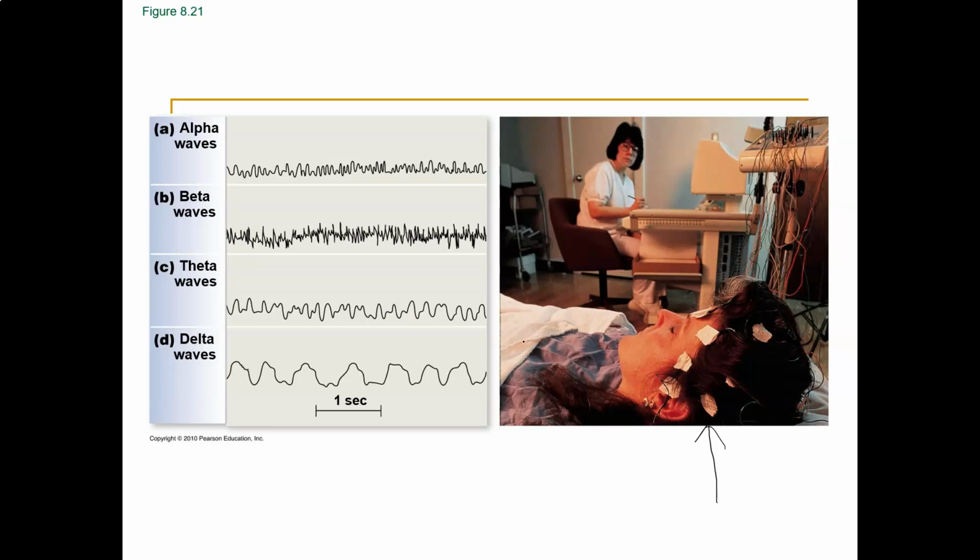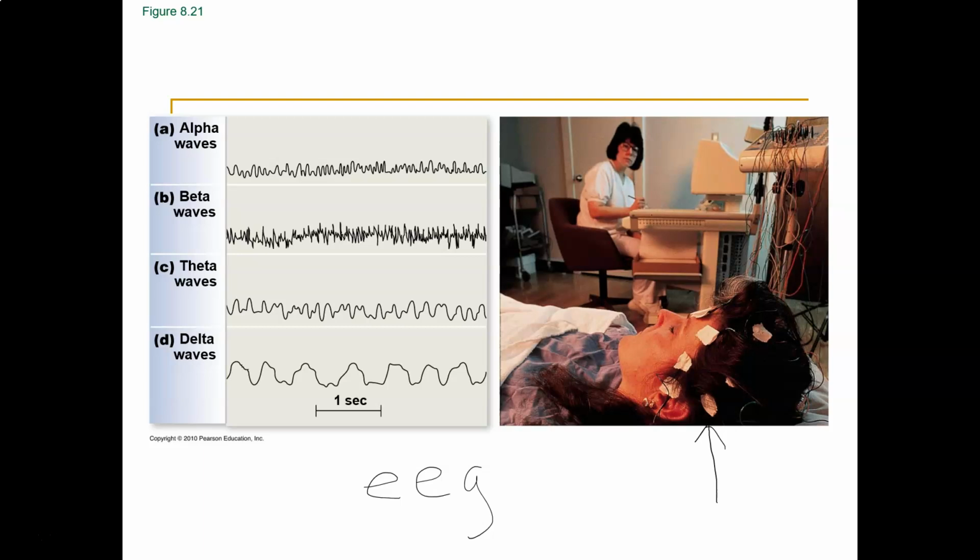That would be an EKG or an ECG, electrocardiogram. Recording electrical impulses from the head is an EEG, electroencephalogram. And our body fluids, having electrolytes in them, do conduct this electrical activity from these nerve impulses.